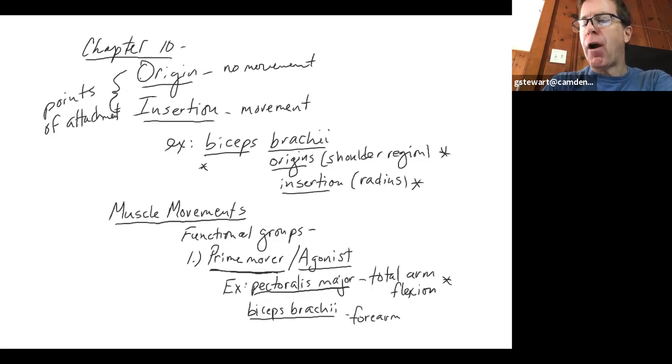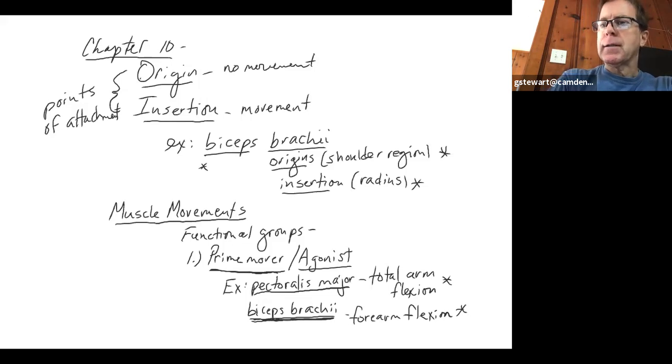So when you bend your arm at the elbow, it's this muscle that is producing the majority of that movement. And we call that forearm flexion. Okay, so those are two classic examples of prime movers or agonists.